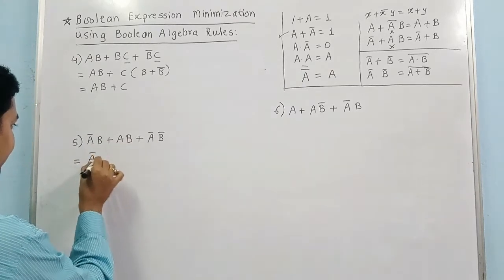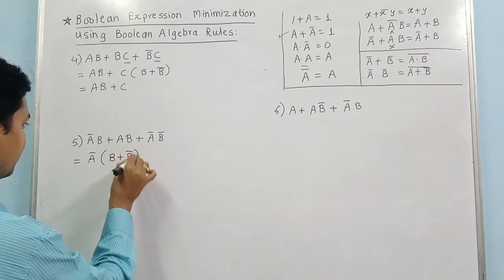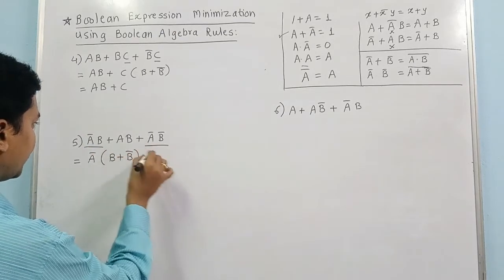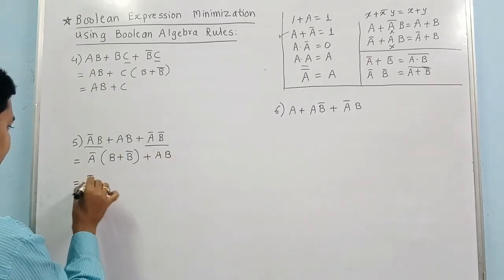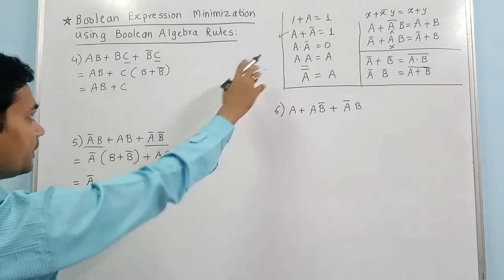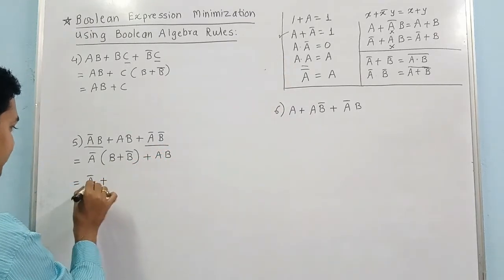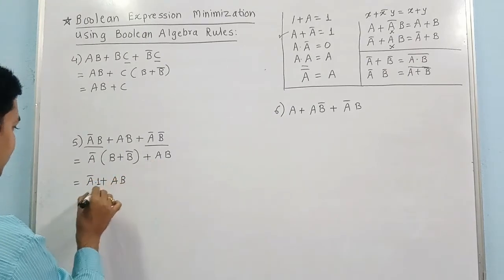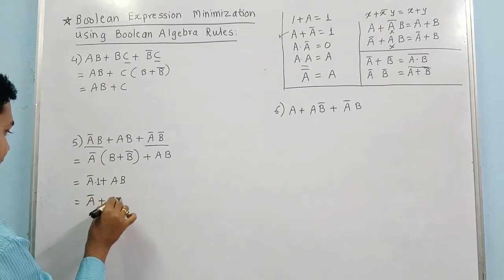Okay, so I will take a bar as common, inside the bracket b plus b bar will remain, so a bar into b plus b bar plus ab. Okay, so what next? b plus b bar is what? 1. I will not write here 1, actually it is dot 1, so a bar plus ab.